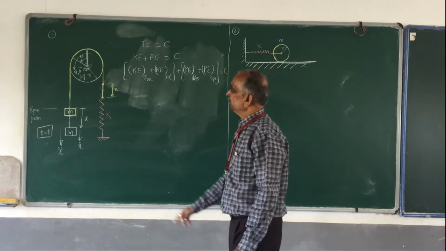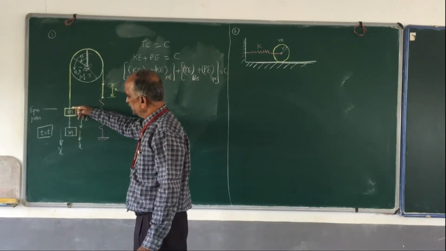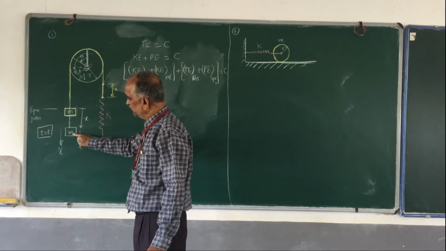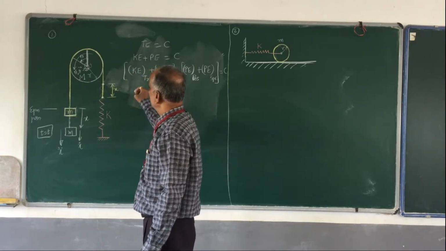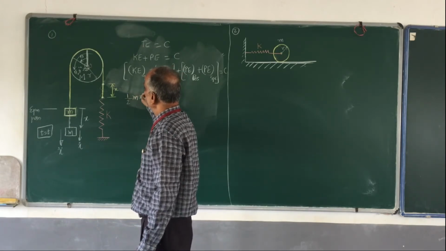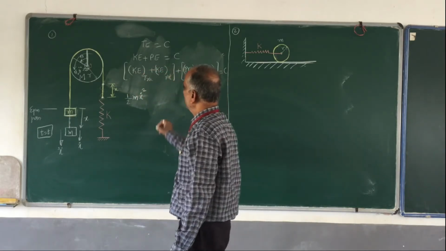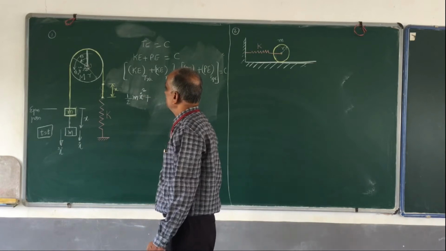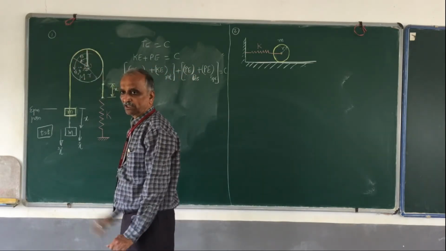Okay, now let me substitute one by one. Kinetic energy because of translation: the mass which has come here is having velocity x dot. So it is having kinetic energy because of translation, which is equal to half m x dot square, plus the kinetic energy because of rotation, since the cylinder, the pulley, is rotating.